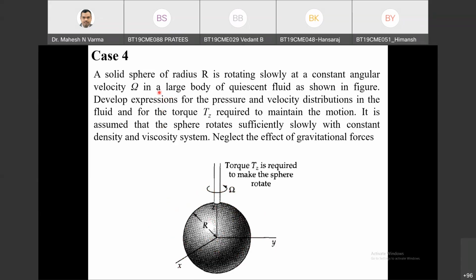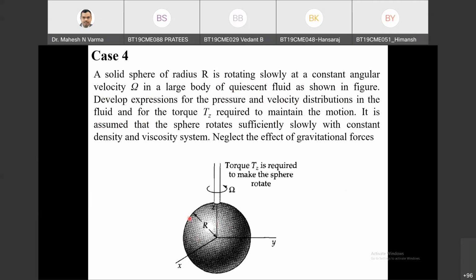The body is immersed in a constant fluid, a large pool of the fluid, as shown in the figure. So everywhere here is fluid. Develop the expression for pressure and velocity distribution in the fluid.